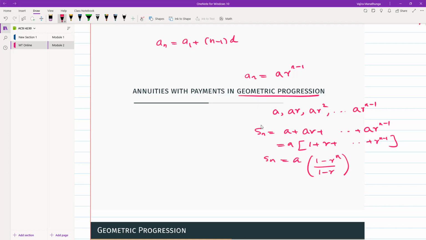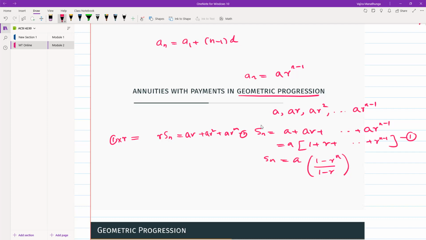If you really want to know how to get this one, you can assume this is equation 1, and then take r times Sn as the second equation. You multiply equation 1 by r, the same way we did in the arithmetic progression annuity proof, and you get ar plus ar squared up to ar^n.